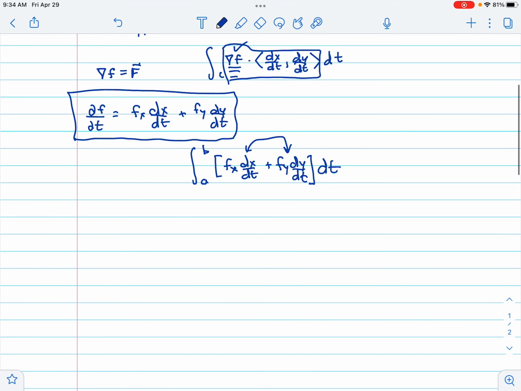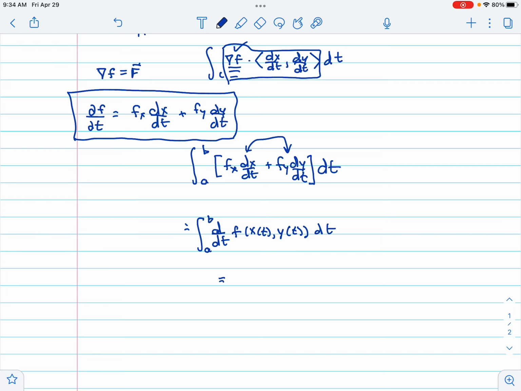So really, we could rewrite this as d dt of f of x(t), y(t), and then dt, going from A to B. Now look, we've got the integral of a derivative here.